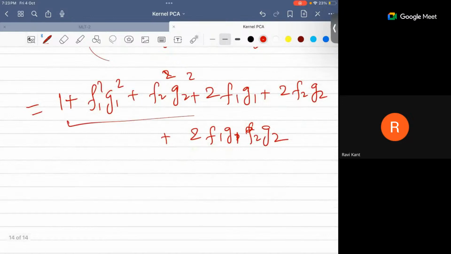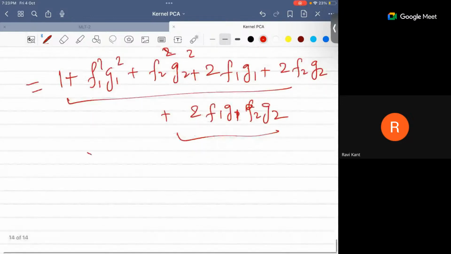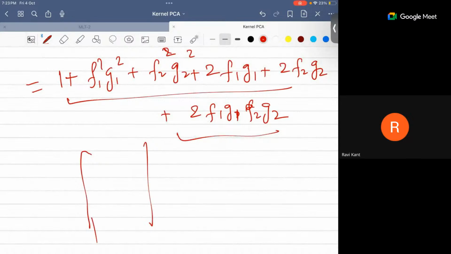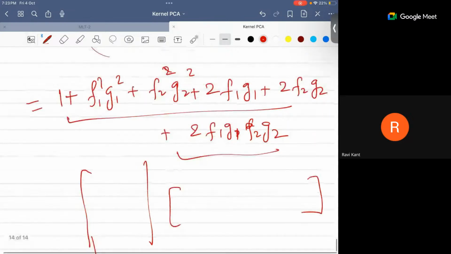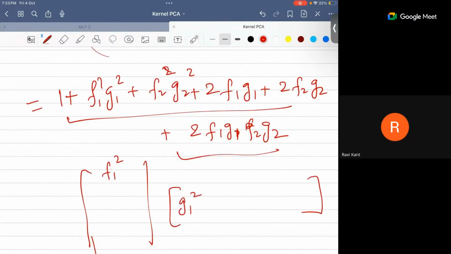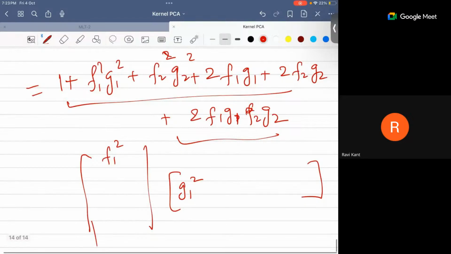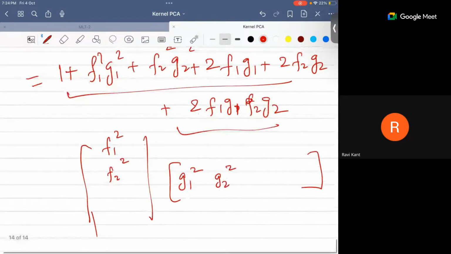See, you can write it in the form of a dot product also. How can you write it? You can write it as f1 square, here g1 square. Similarly, f2 square, g2 square. Then the third one, 1 and 1, that is fine.